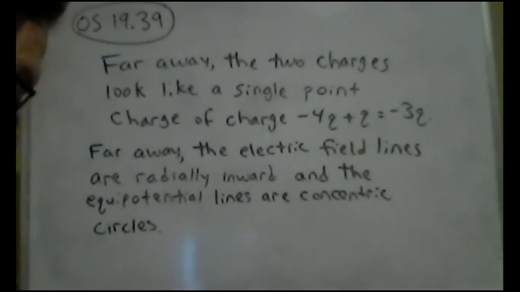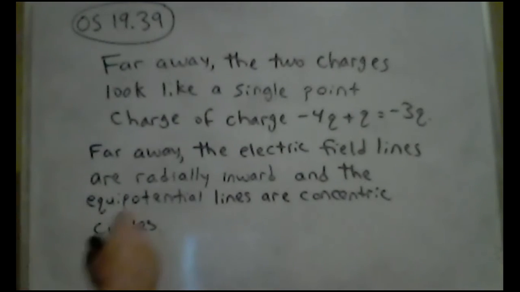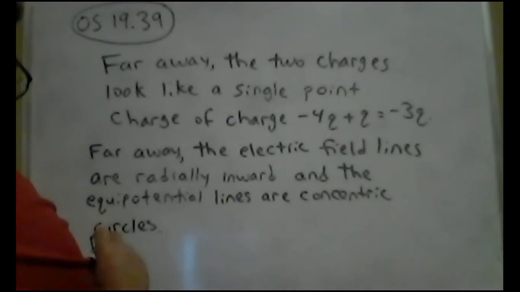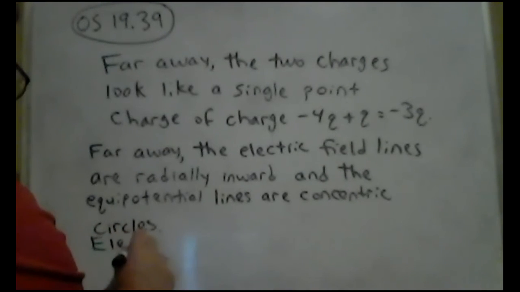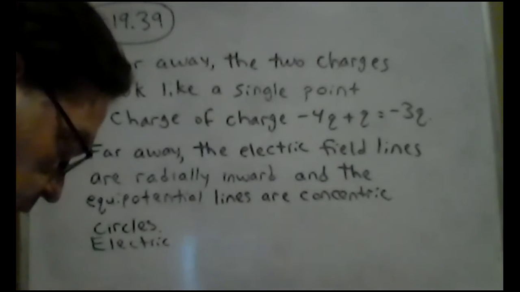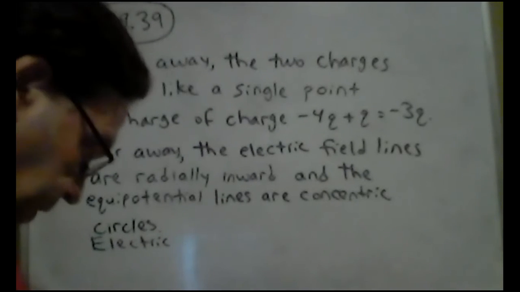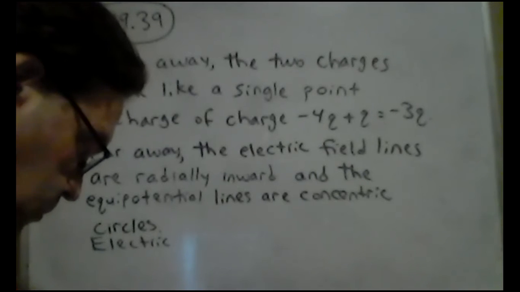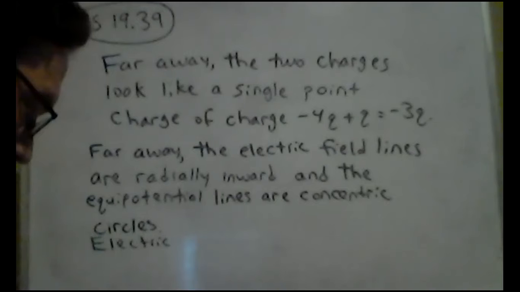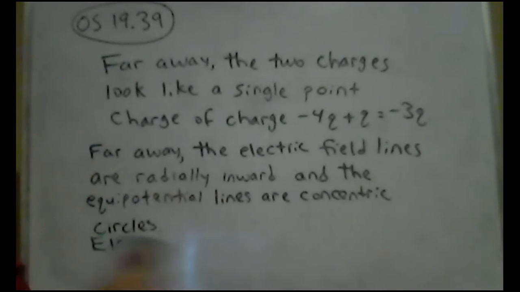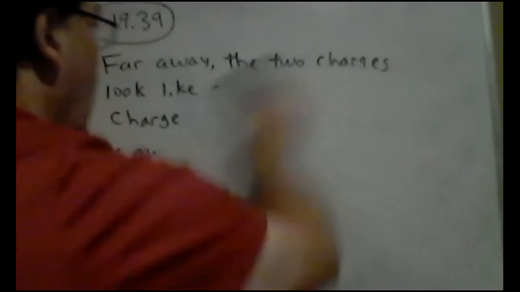Now the question is, which direction is the increasing potential? Well, the direction of increasing potential is along the electric field line. Actually, let me draw this out real quick.